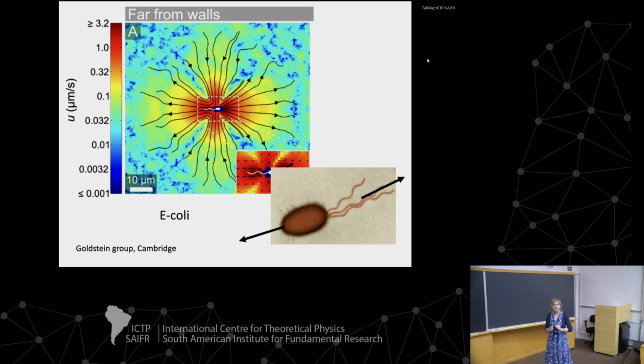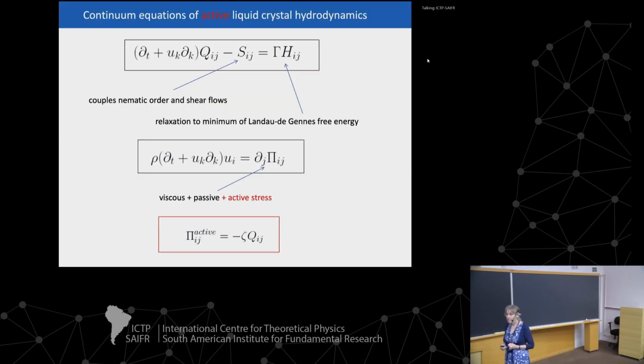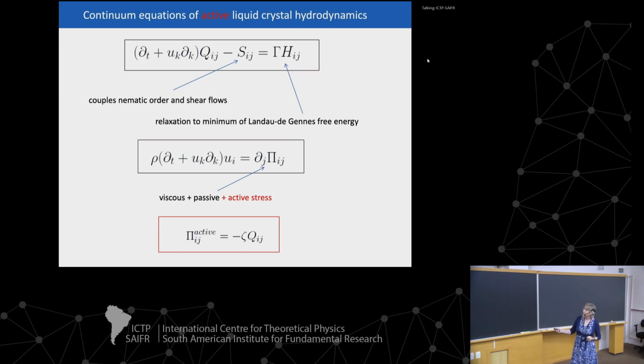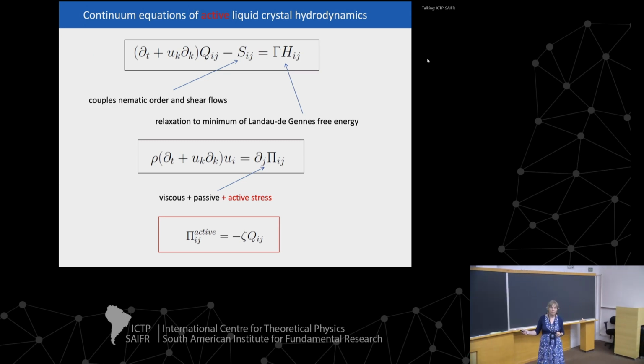And so any extra thing I put in is going to have nematic symmetry. And it turns out that, in fact, you can do it with a very, very simple additional term in the stress. I have not proved this. I have motivated this. Okay?